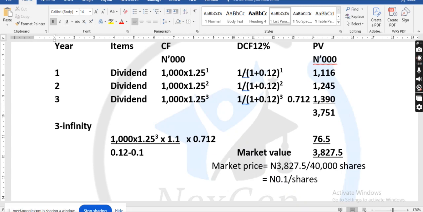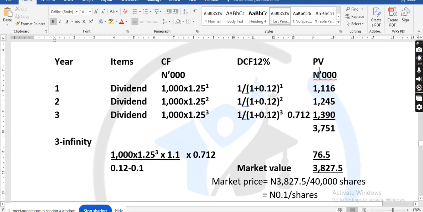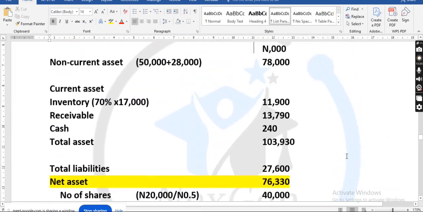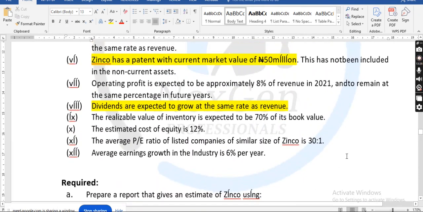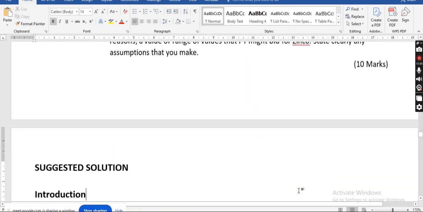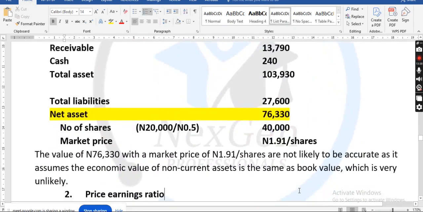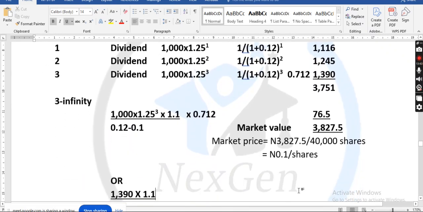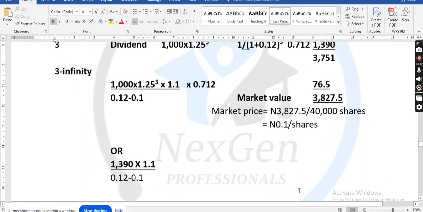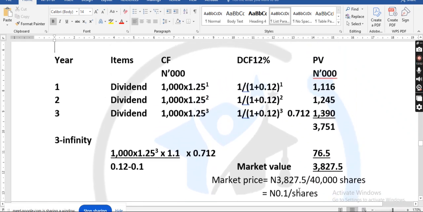Okay. Let's quickly confirm. Is our cost of equity 12%? Let me confirm. Okay, the estimated cost of equity is 12%. That's fine. From my own calculation, I'm getting 76,484 for year 3 to infinity. You are getting what?